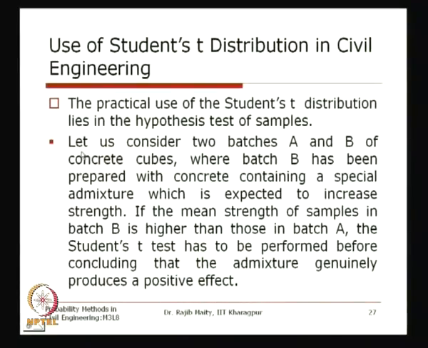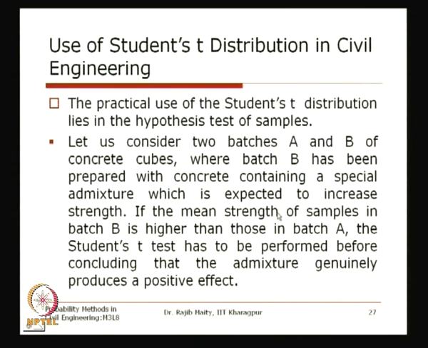While testing this kind of hypothesis where the mean is involved, we have to follow the student t distribution. This is explained here: let us consider two batches A and B of concrete cubes, where batch B has been prepared with concrete containing a special admixture which is expected to increase its strength.